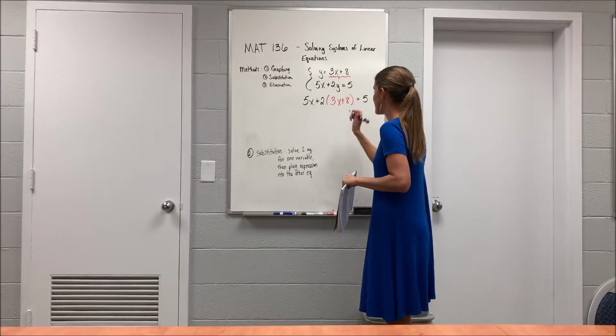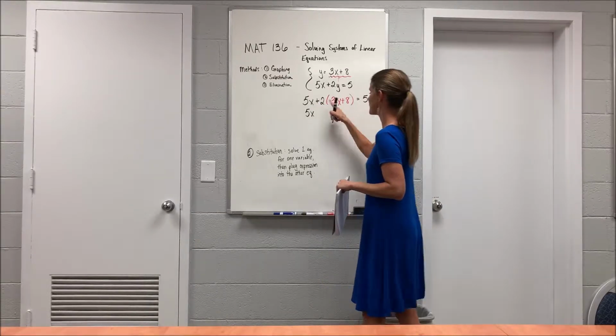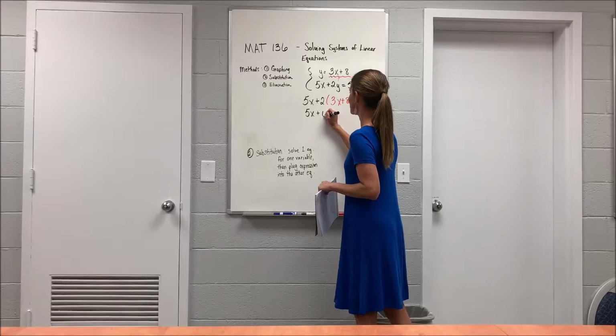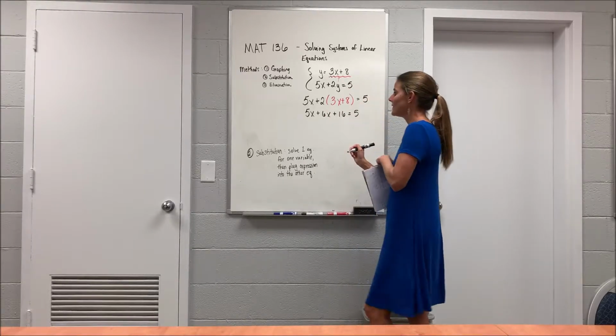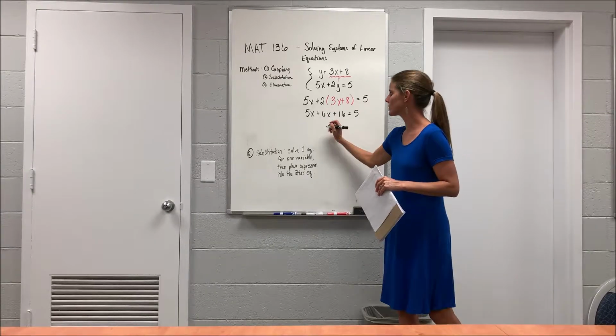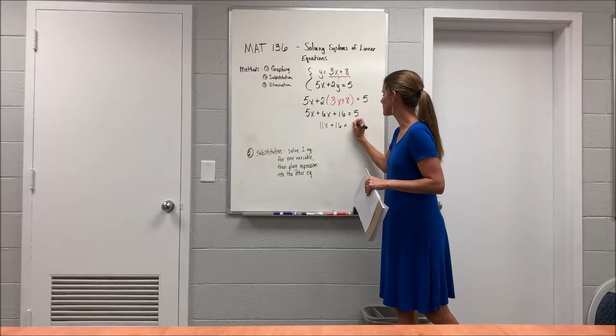So I am going to solve by simplifying on the left side first. I need to use the distributive property: 5x plus 6x plus 16 equals 5. Then simplifying further, I've got some like terms. 5x plus 6x is 11x plus 16 equals 5.